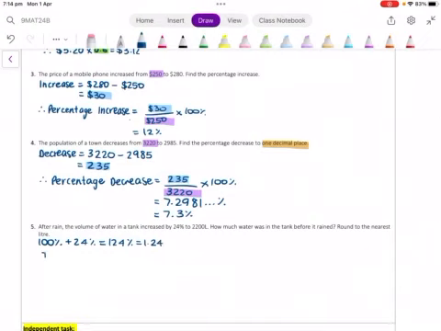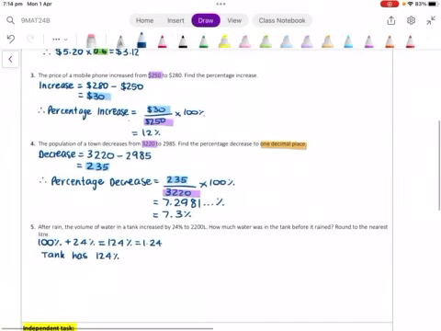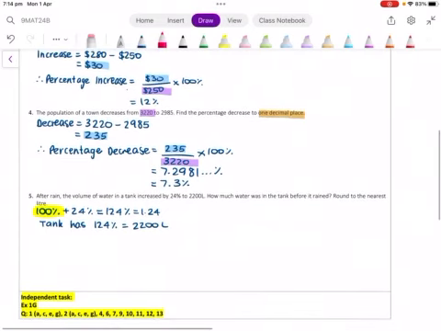So our tank has 124% of water, which is equal to 2,200 litres. And what we want to do is find out what this 100% originally was. So we need to use our unitary method and divide by 124.